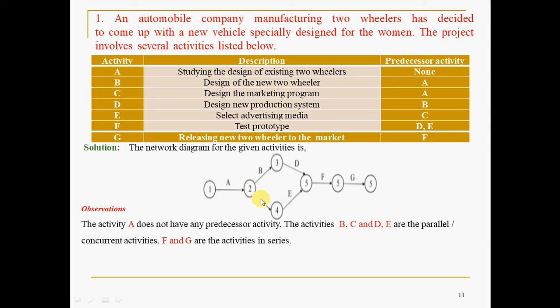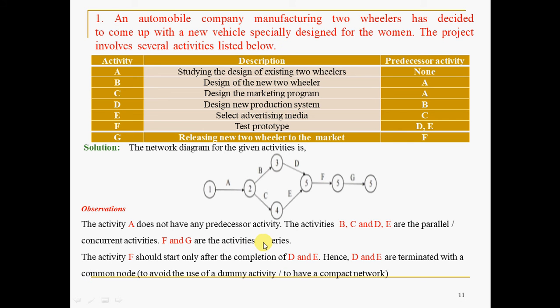F and G are the activities in series. Fine. F and G. The activity F should start only after completion of D and E. Please note this. Here you can see, F, testing the prototype, should start only after completion of D comma E. So for that, what you have done is, after completion of D and E, they are going to end with a common node 5, then only you are going to take F here.